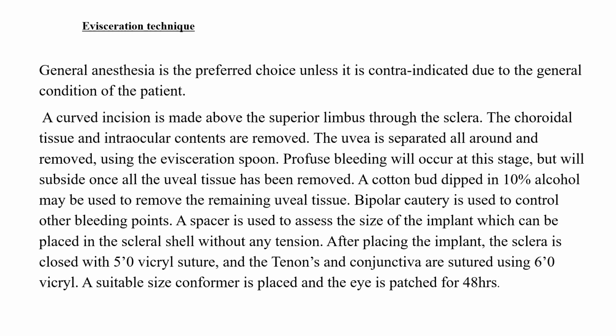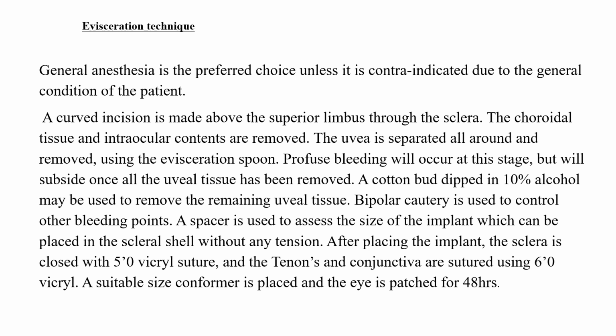The uvea is separated all around and removed using the evisceration spoon. Profuse bleeding will occur at this stage but will subside once all the uveal tissue has been removed. A cotton bud dipped in 10% alcohol may be used to remove the remaining uveal tissue. Bipolar cautery is used to control other bleeding points.